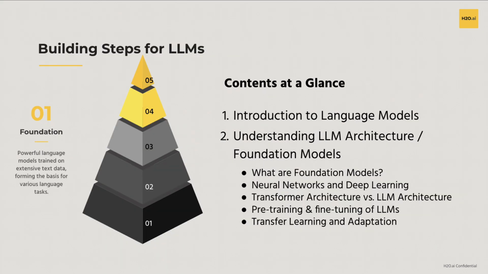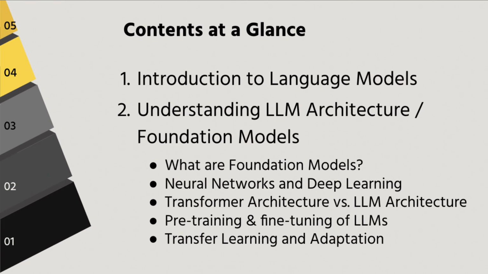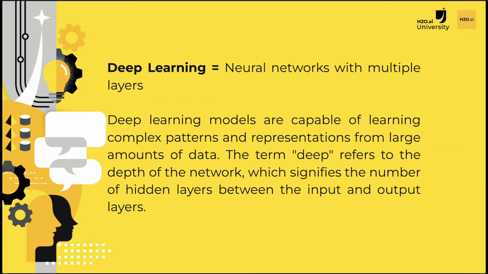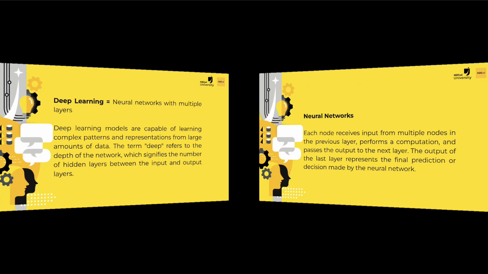Throughout this class, we covered a range of topics related to neural networks, deep learning, the transformer architecture, pre-training and fine-tuning of LLMs, as well as transfer learning and adaptation. We began with an introduction to neural networks and deep learning, which have revolutionized various fields, including computer vision and natural language processing.